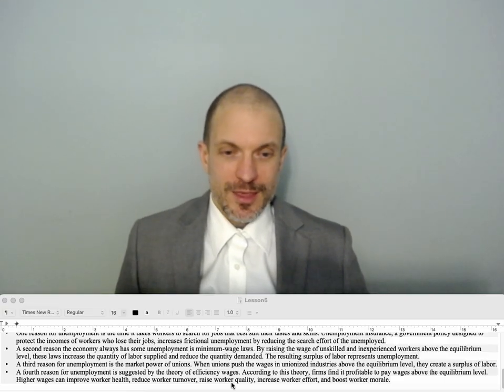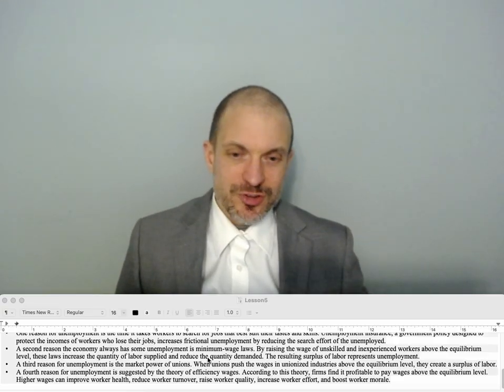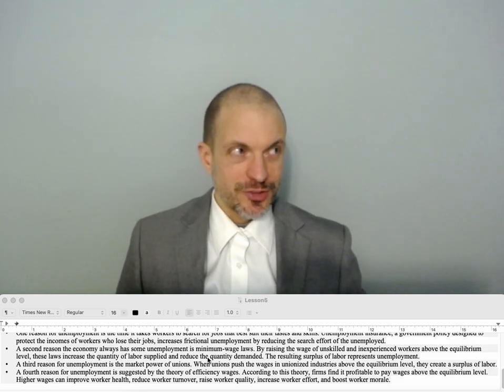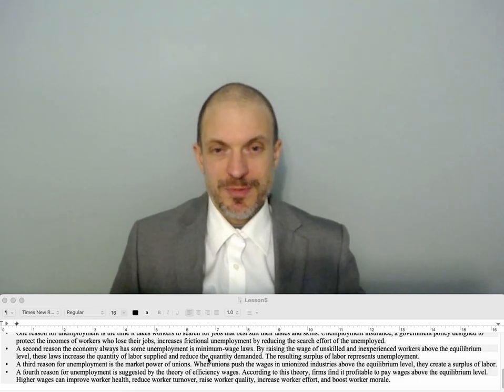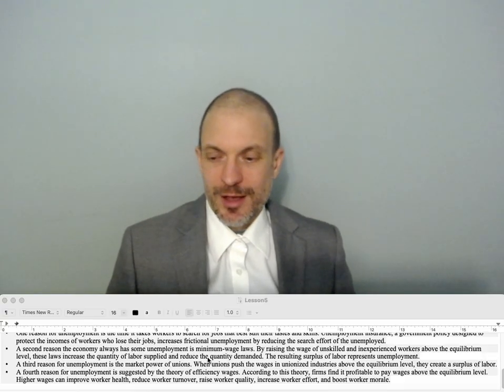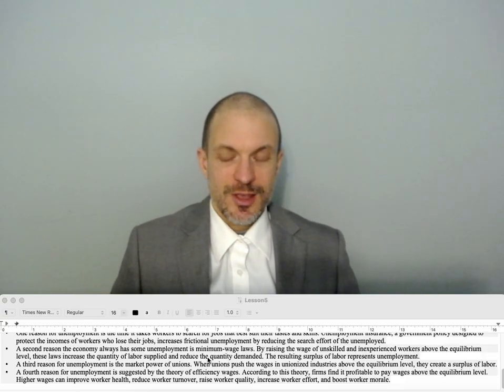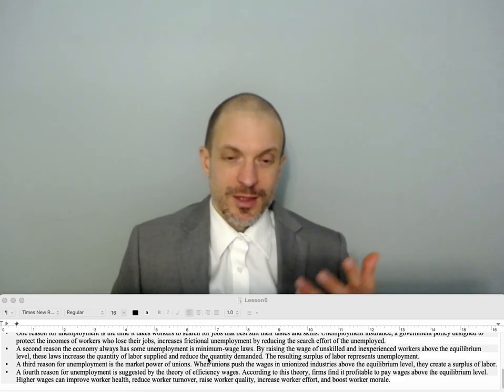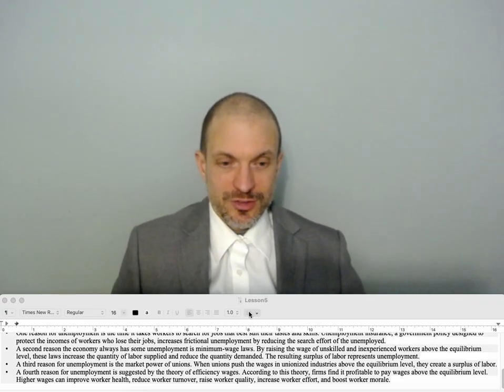So that's potentially going to have different effects across different regions. I think from my perspective, it's best to think of the impact of minimum wage laws as a case-by-case kind of regional question.